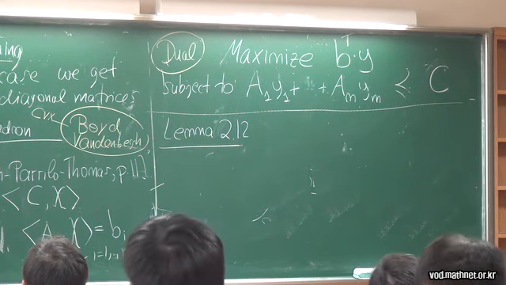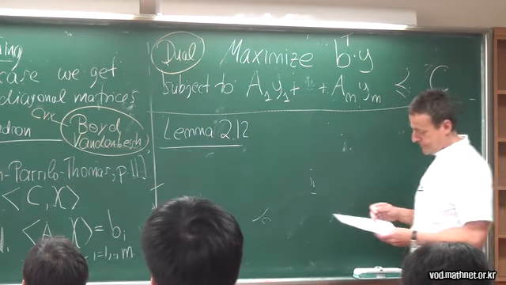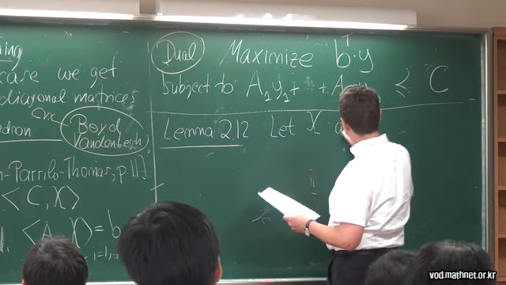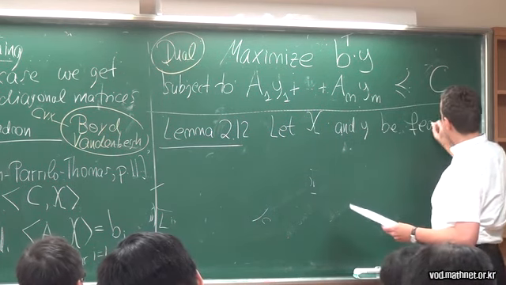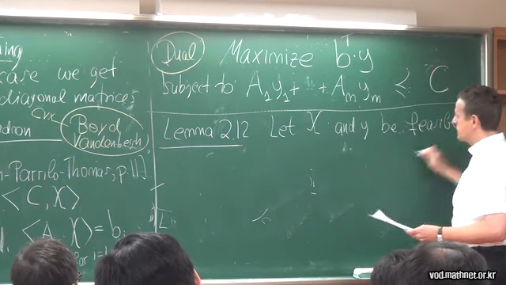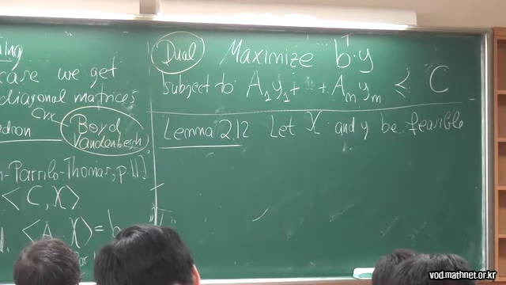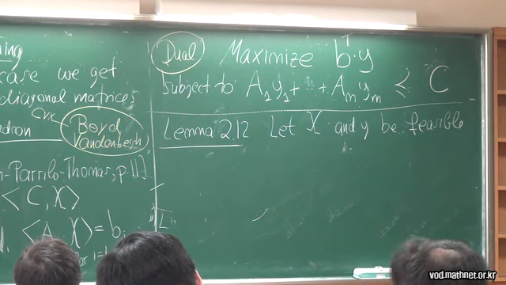Okay, so Lemma 2.12 in Blekherman, Parrilo, and Thomas's book says the following. Let x and y be feasible solutions. That is to say, x is a feasible matrix for the primal problem. So x is in the spectrahedron for the primal problem.